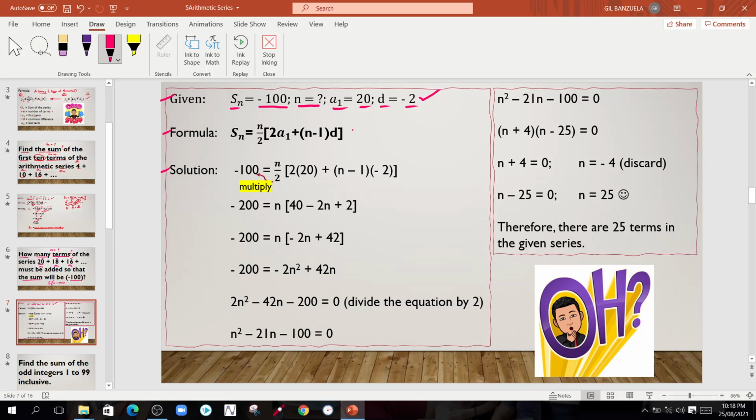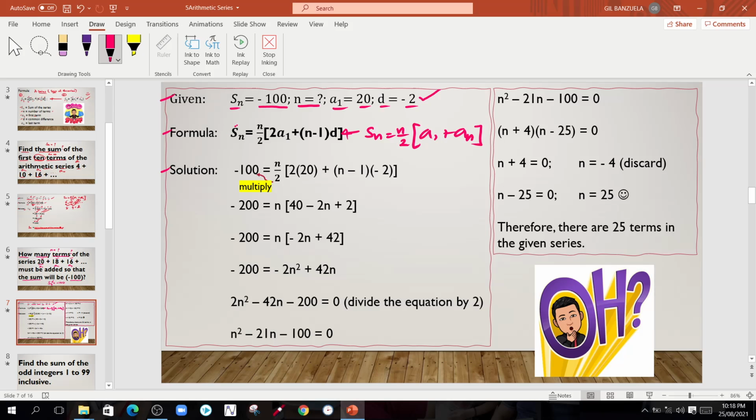Ano bang formula yung gagamitin namin, sir? Yung first formula ba o second formula? So, again, ulitin natin. Yung second formula natin, nire-require tayo na present yung first element at saka yung last term. Dito, hindi natin alam yung last term.